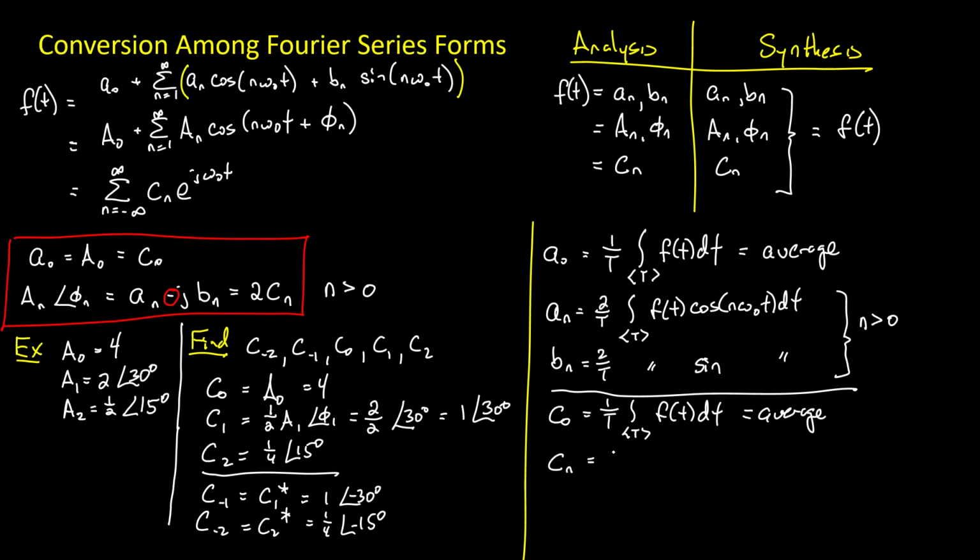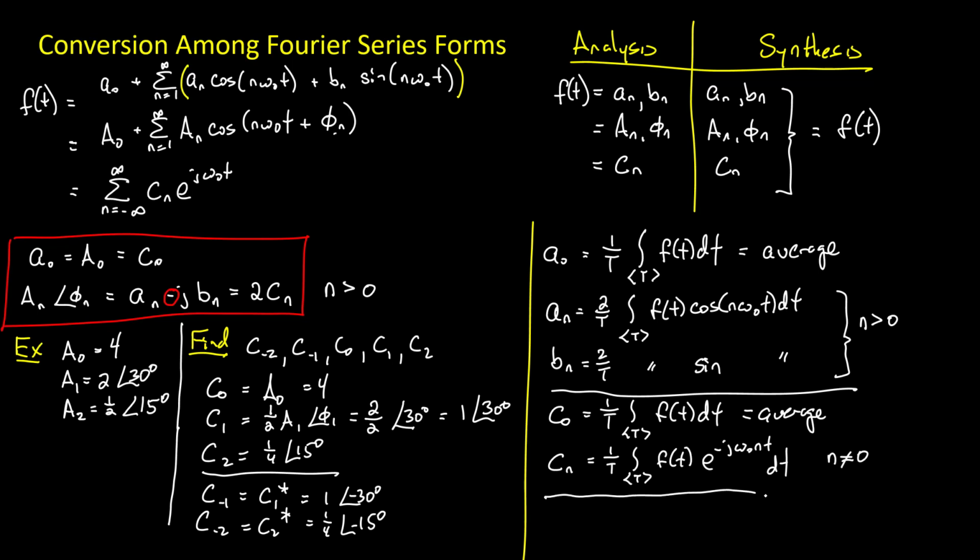And our c sub n is equal to 1/T, notice slightly different by a factor of 2 than our a sub n's, over any period of f of t, but this time we're going to multiply it by e to the minus j n omega naught t. Same formula as we gave at the beginning of this lecture, and this is for n greater than 0. Actually, it's for n not equal to 0, since this also includes negative n.